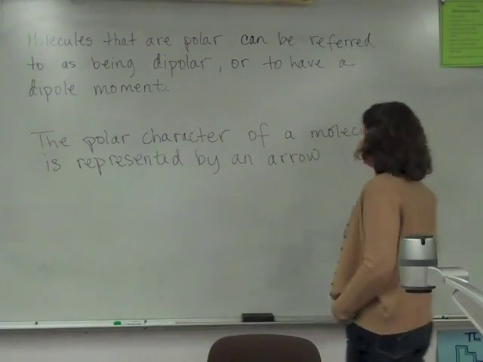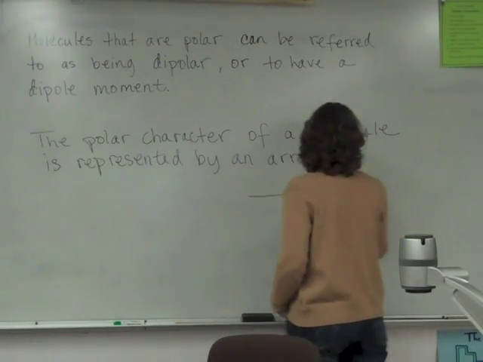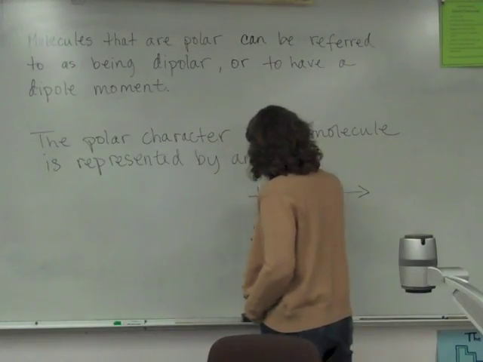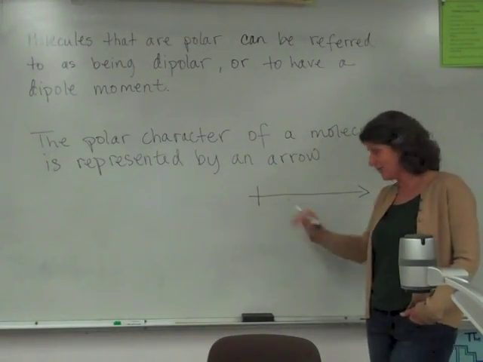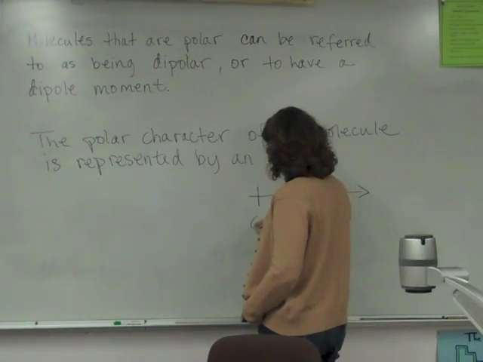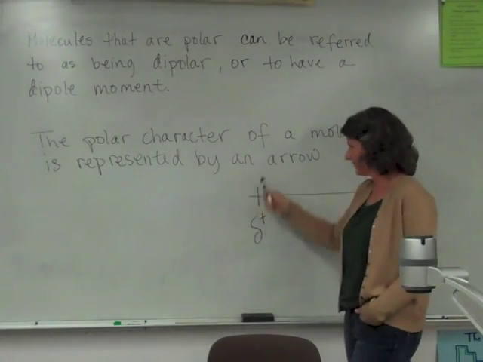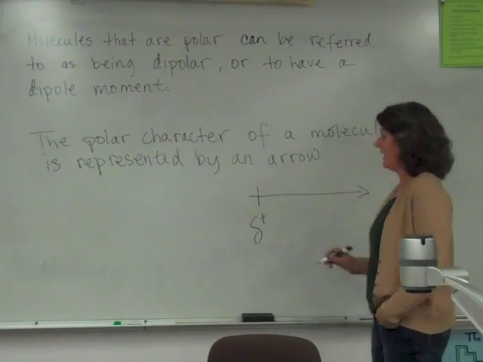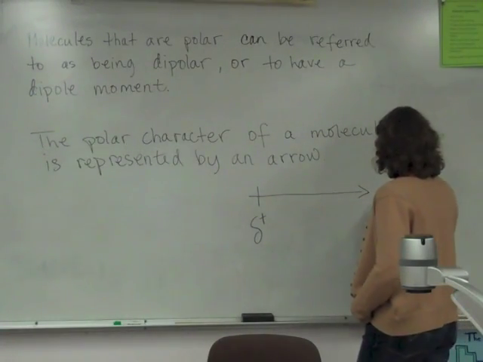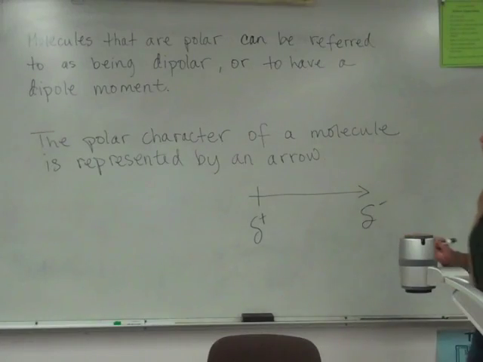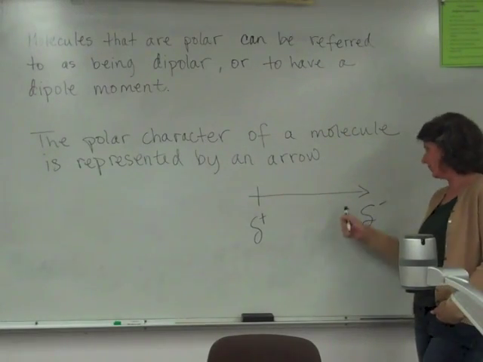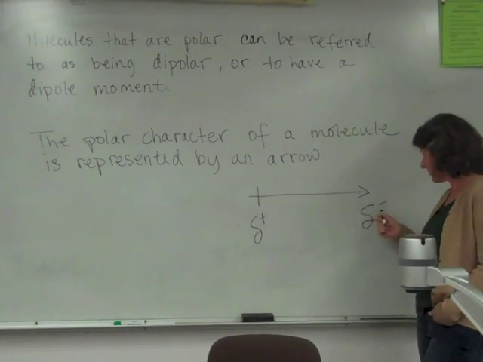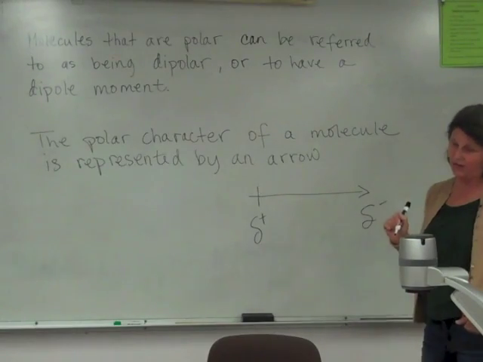The arrow looks like this. This end of the arrow is the electropositive portion, and this end is the electronegative portion. So if you ever see this arrow, you'll know that it's pointing towards the electronegative portion of the molecule.